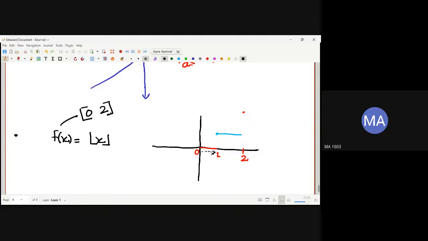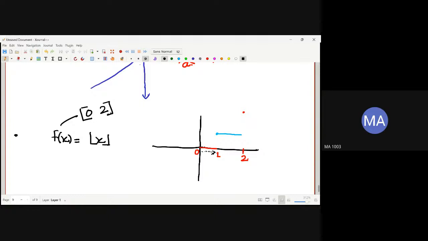And if you are coming to 1 from the right hand side, the value of the function is 1. So the right hand limit is 1. They don't match, so the limit doesn't exist.